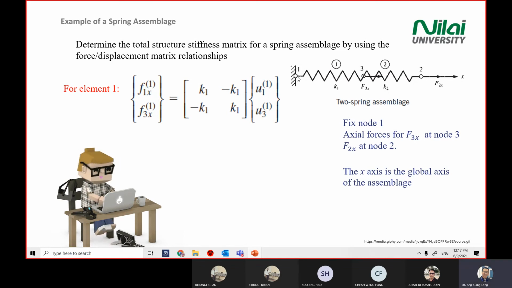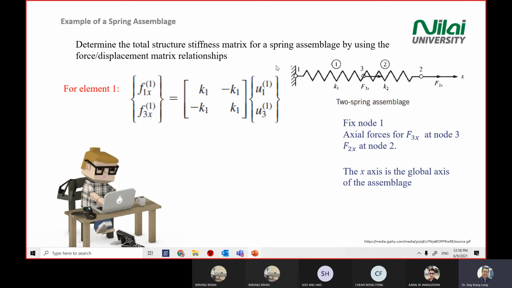F1x means point 1 in x direction, and above this, the superscript, this bracket symbol here, means that it refers to element 1. Okay, so today we add on a little bit from what we learned previously.